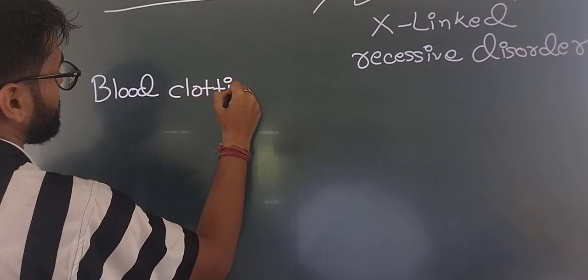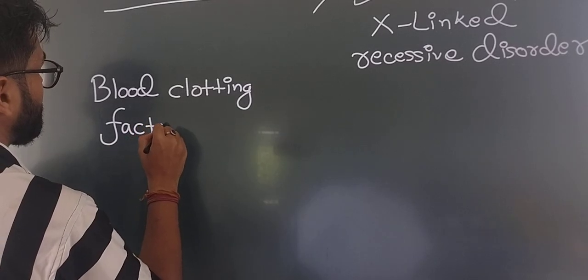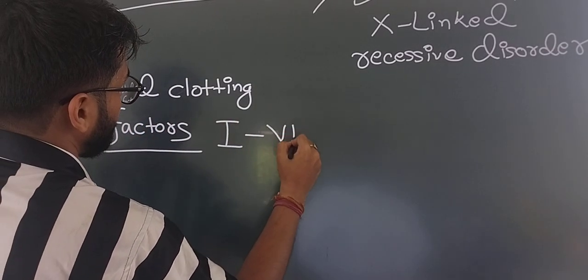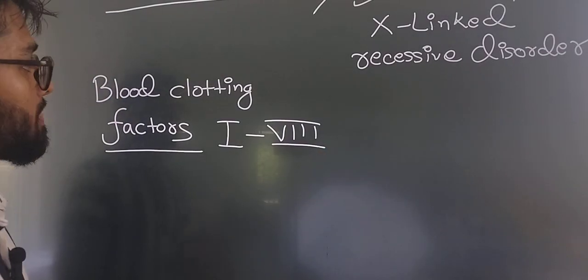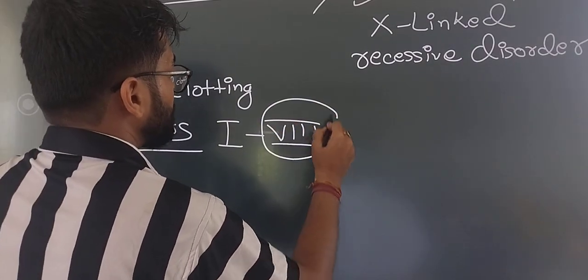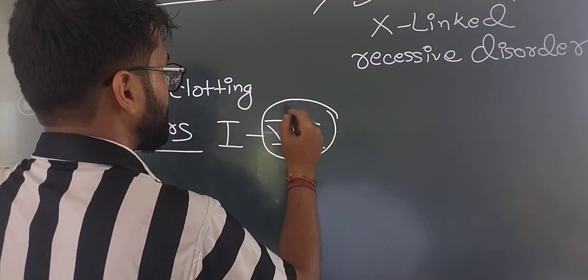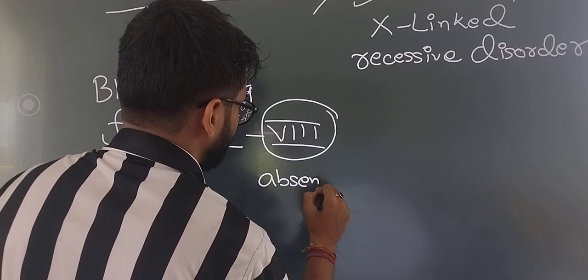You have certain blood clotting factors, that is 1 to 8. The usual or most common hemophilia deals with the absence of blood clotting factor 8.